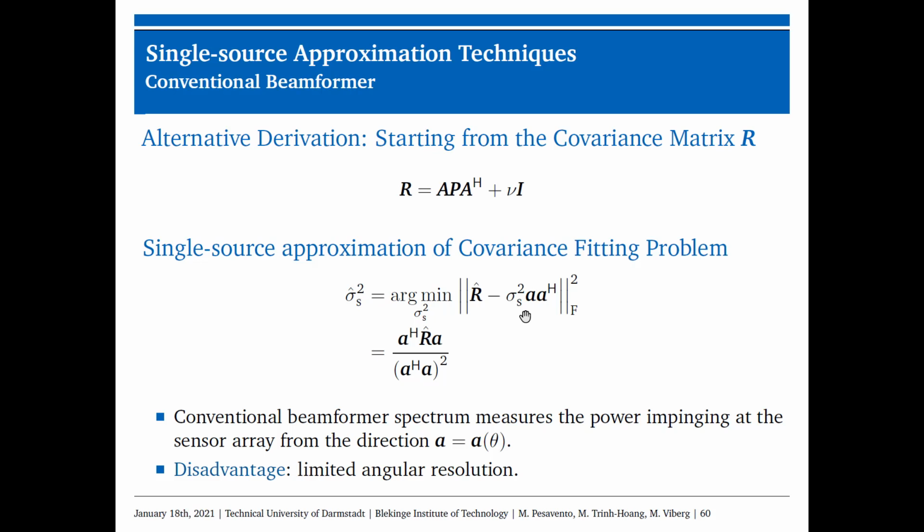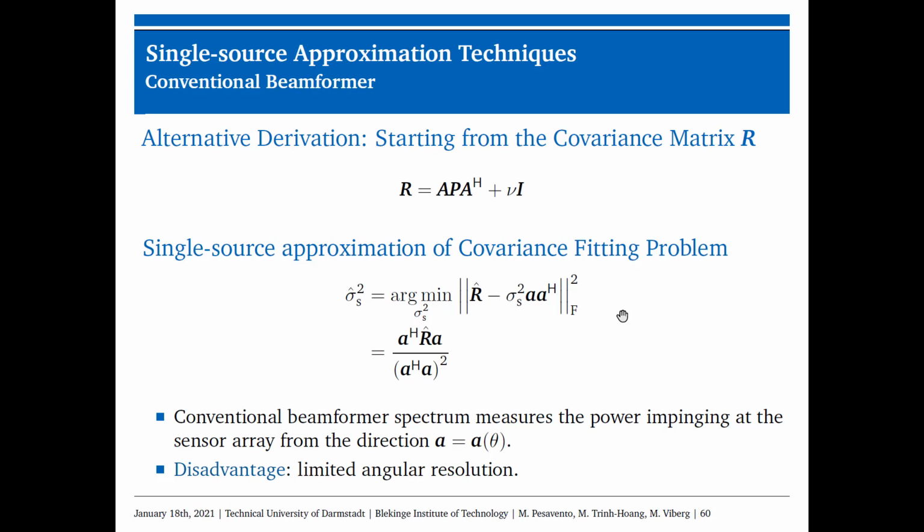Another remark is that we dropped the influence of the noise in our cost function. Then the minimizer sigma s square hat of this optimization problem is indeed the spectrum of the conventional beamformer that we presented in the previous slide. This interpretation confirms again the meaning of the conventional beamformer spectrum, which is the measured power at the sensor array from a given direction theta.